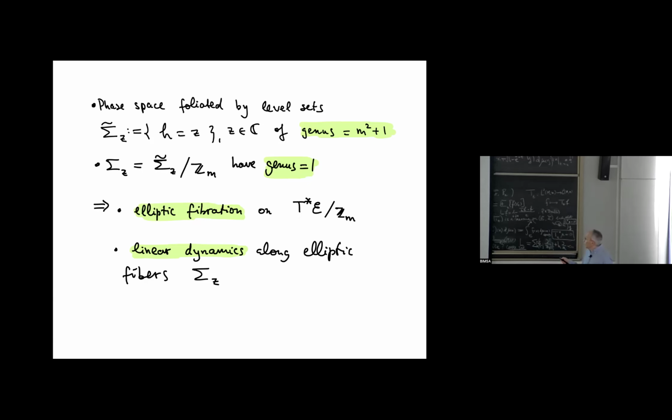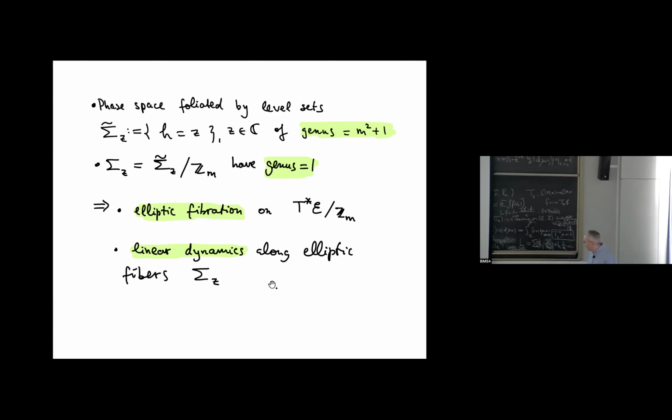So it doesn't look like an integrable system maybe. But the point is that there is an underlying symmetry, and you need to take a quotient by this symmetry group, and then very nicely what you get will be an elliptic curve. So you get an elliptic fibration not on the original phase space, but on the quotient by Zn, on this orbifold. And indeed, you can show that the dynamics is linear along these elliptic curves.